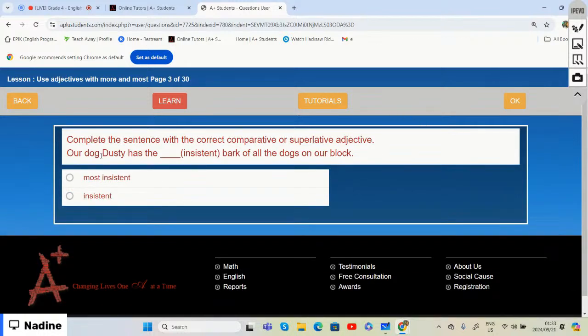Our dog Dusty has, do we say, the most insistent bark of all dogs on our block, or our dog Dusty has the insistent bark of all the dogs on our block? Which one is correct?